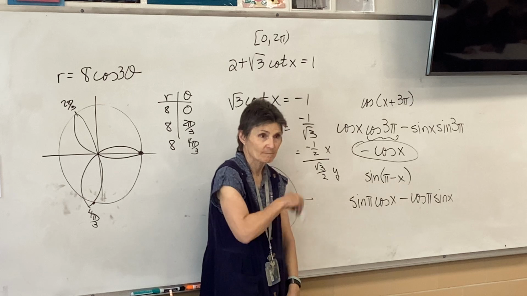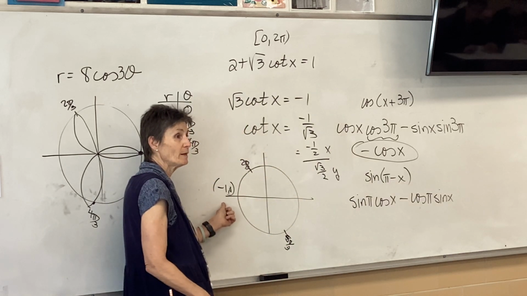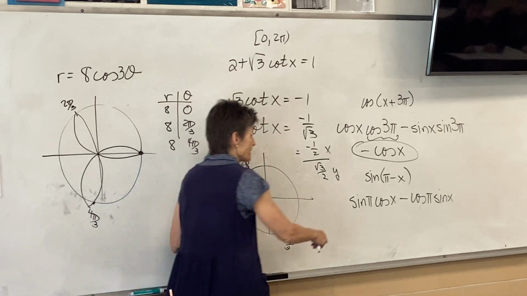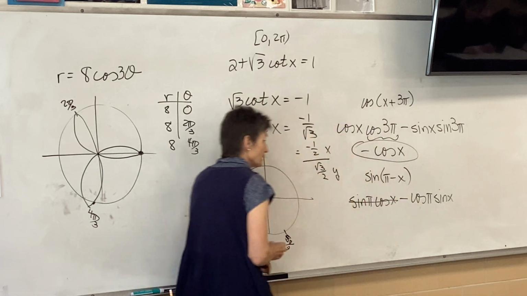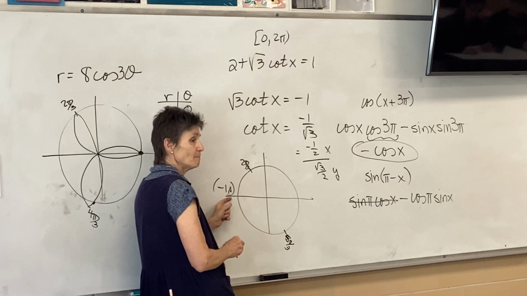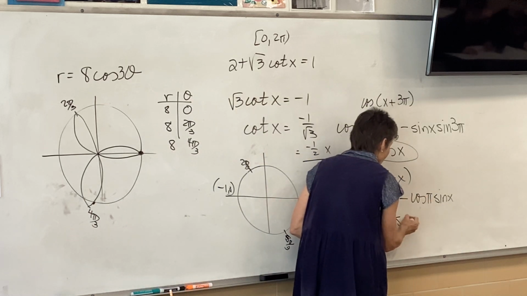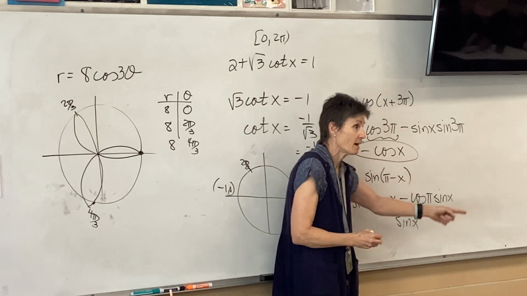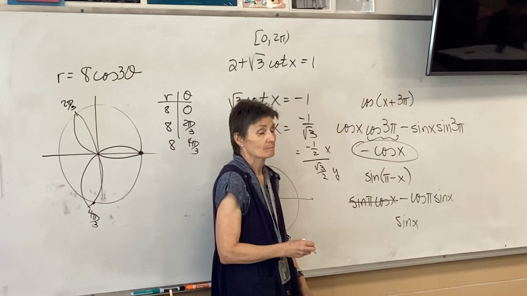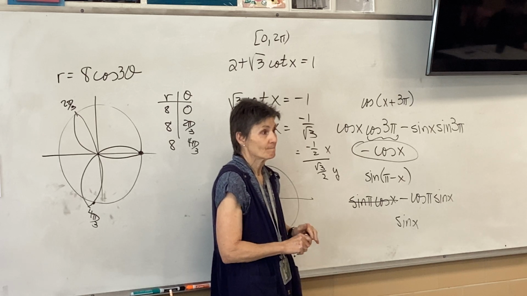All right, pi happens to be that same point. So what is the sine of pi? 0, so that's gone. What's the cosine of pi? -1. So this is going to become just positive sine because it's minus -1 sine. Is that okay with everybody?